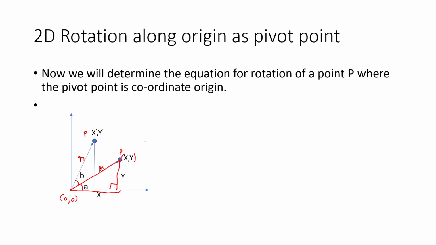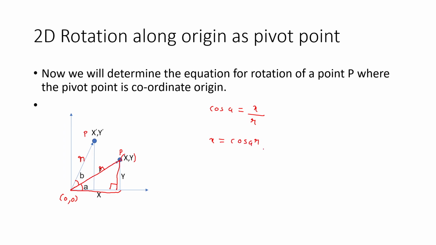Using the cos formula, cos A is equal to the adjacent side over the hypotenuse, that is, x divided by r. So x becomes cos A multiplied by r.